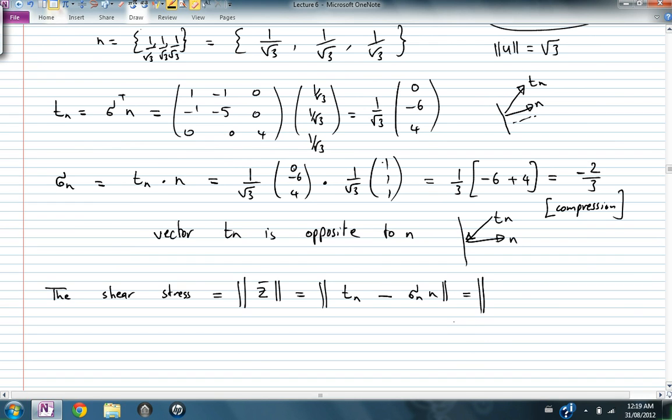I'm just going to do the calculation. Tn is 1 over root 3, 0, negative 6, 4, minus sigma n, where sigma n is equal to negative 2 over 3, so I'm going to take plus 2 over 3, n, which is 1 over root 3, 1 over root 3, 1 over root 3.